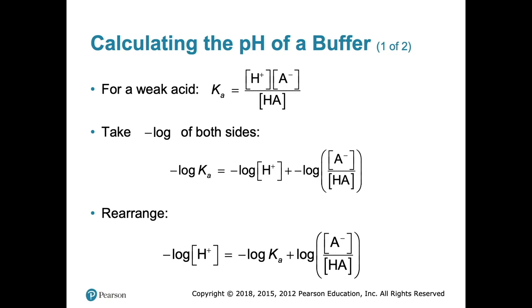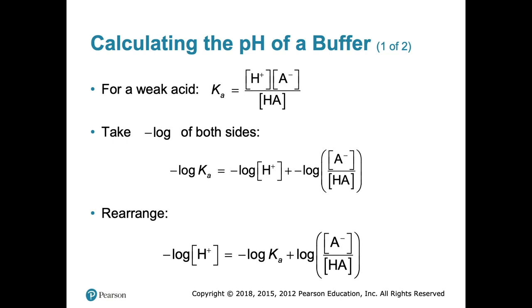The reason you do that is because this number is usually very difficult to deal with. It's always a scientific notation number. When you take the negative log, it turns a scientific notation number into something between 0 and 14 for pH, right? Does that make sense?